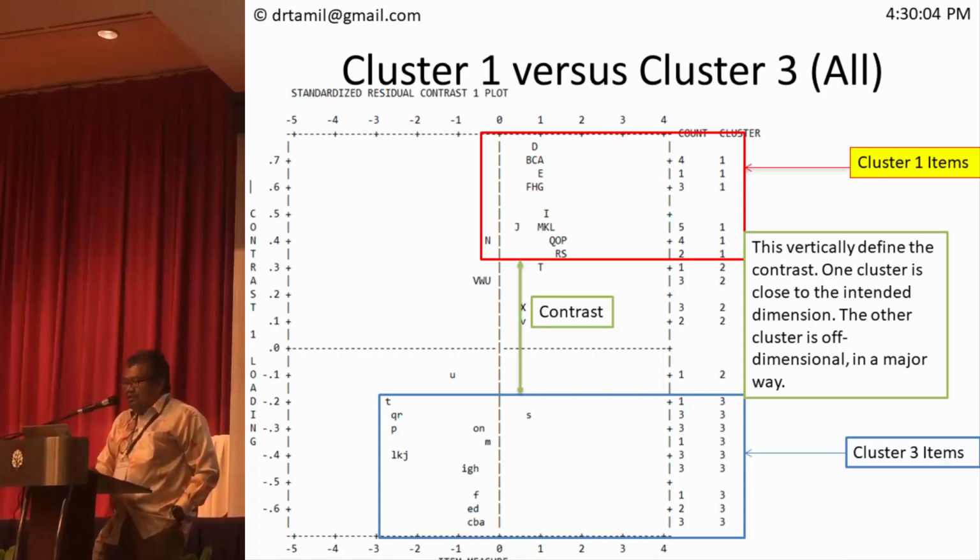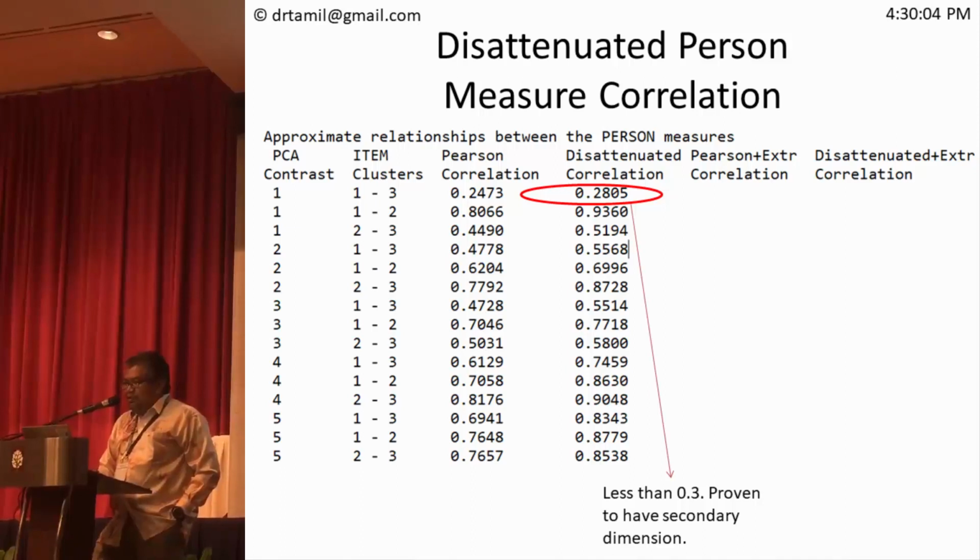When you check the correlation with these 2 clusters, it is 0.2805. What does it tell you? It is less than 0.3. As you know, in correlation, any R value of less than 0.3 means very poor correlation. Same thing here. It is less than 0.3. They are going in different ways. They are measuring different dimensions.